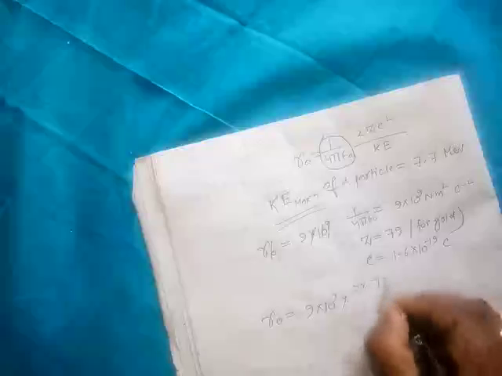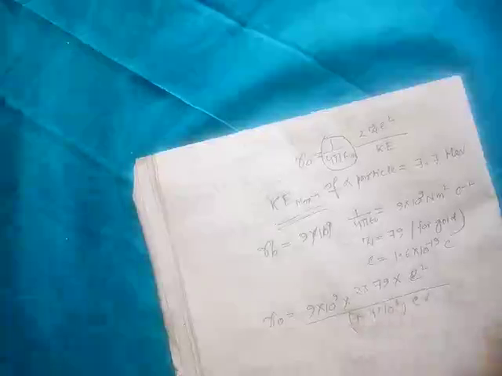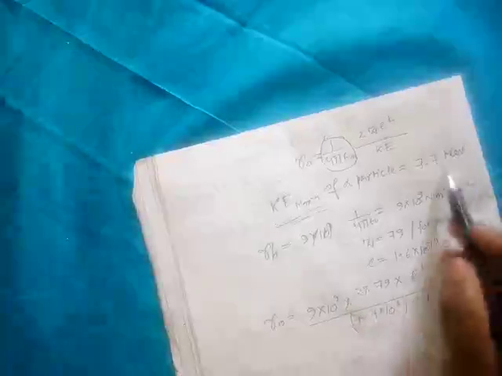Now if you put all these values here, 9 into 10 to the power 9 into 2 into 79 into E square, let us keep E square like this, and this 7.7 into 10 to the power 6 electron volt. Okay, because mega electron volt means 10 to the power 6, so 7.7 into 10 to the power 6 electron volt.